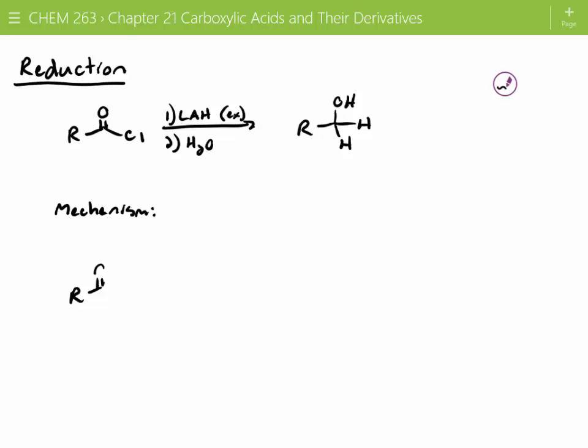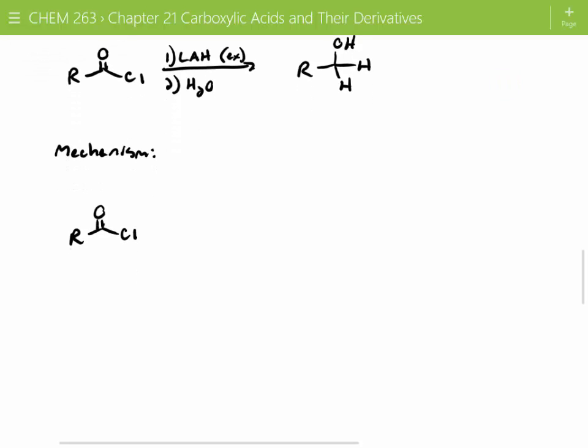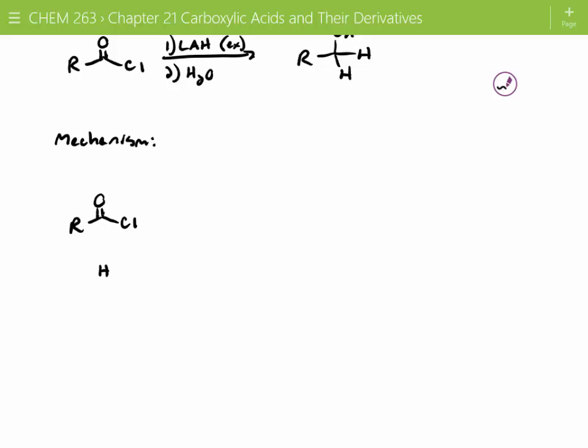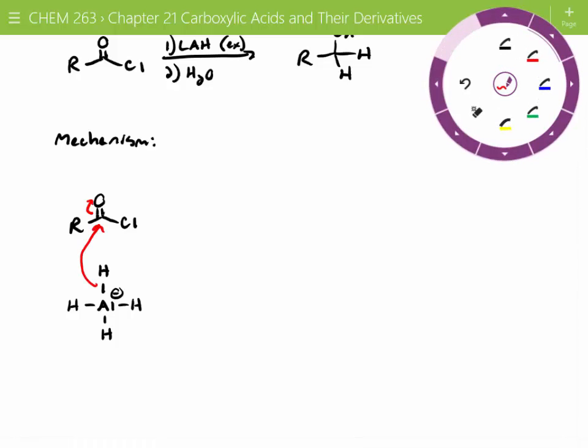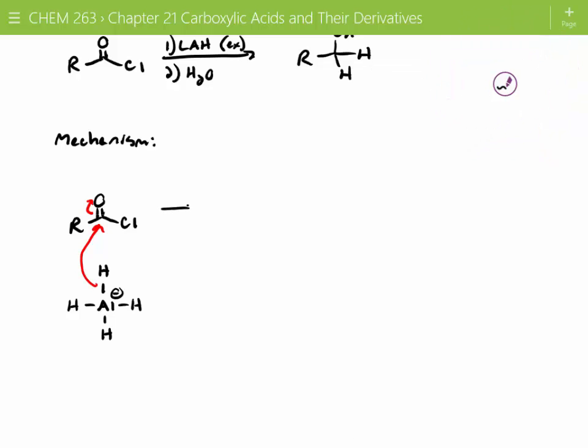If we've got our acid chloride, the lithium aluminum hydride will kind of sneak up underneath. And the hydride will get added into our acid chloride, kick electrons up. And then the oxygen can kick electrons down, eject off a chlorine.